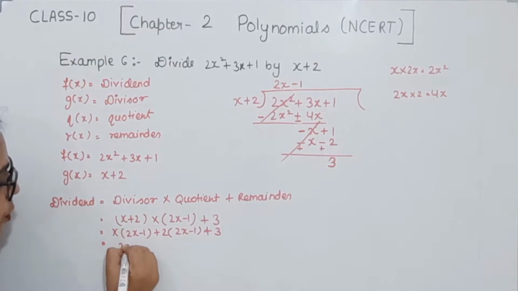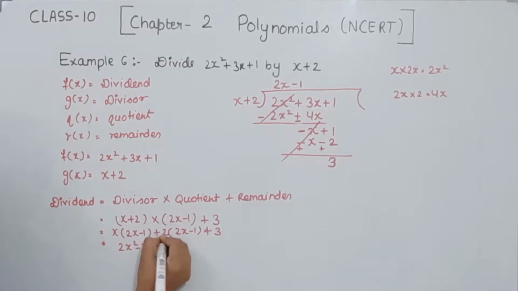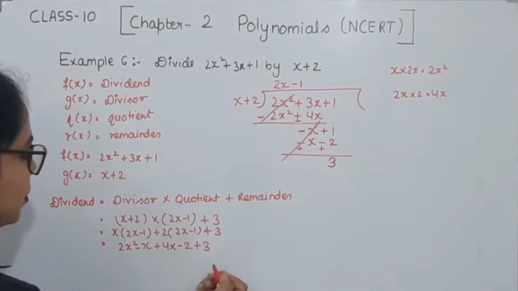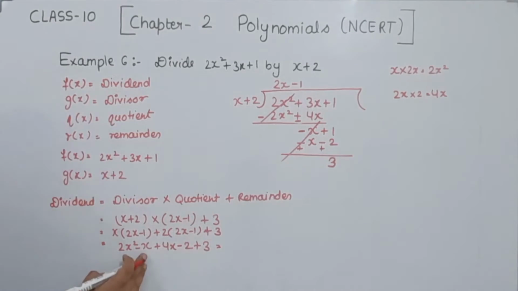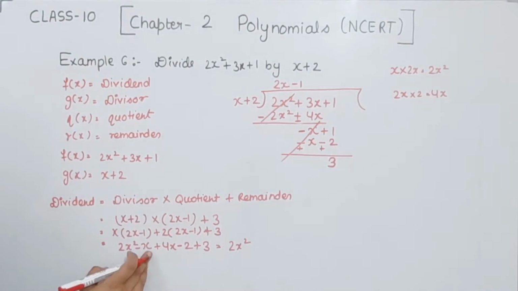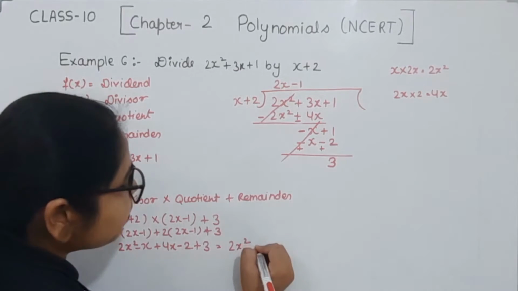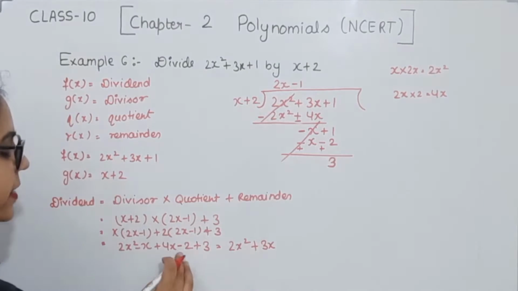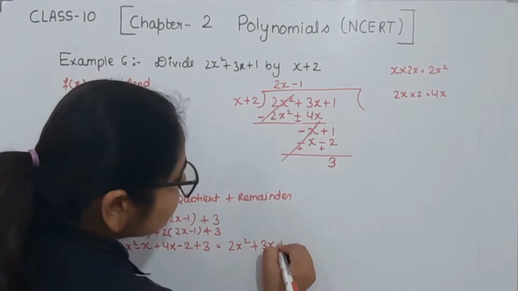Now this one will have 2x square minus x plus 2 2s are 4x, plus minus minus will have minus 2 1s are 2, plus 3. Now this one will have 2x square, and here we are having the minus x plus 4x. So plus minus minus will have plus 3x. Now plus minus minus will have plus 1.